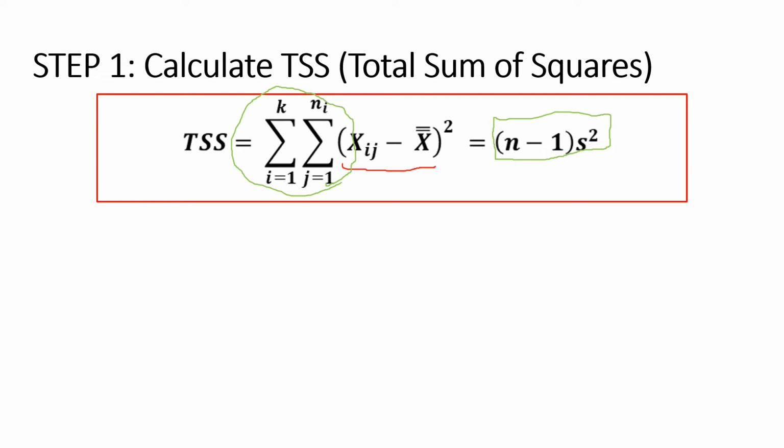So that's 24 minus 1 times, remember s squared with no subscript? That's the grand standard deviation, if you will. That's the standard deviation associated with all 24 of the observations. So let's solve for this.